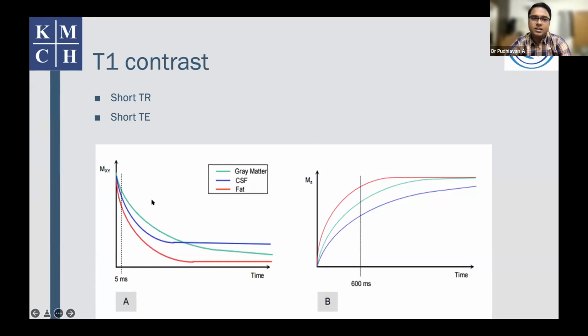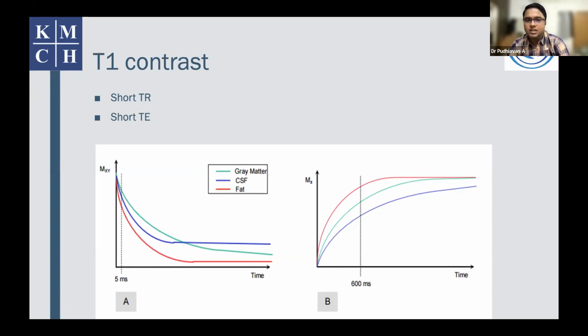But in a T2 relaxation curve, immediately after the RF pulse, since all the protons are in coherence, there is hardly any difference in the T2 relaxation of different tissues. With time, the dephasing of the protons varies from one tissue to another.